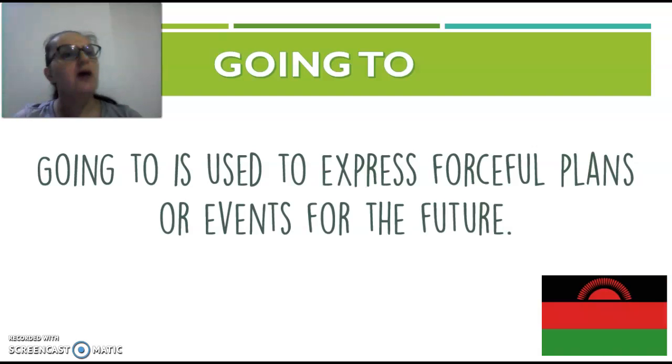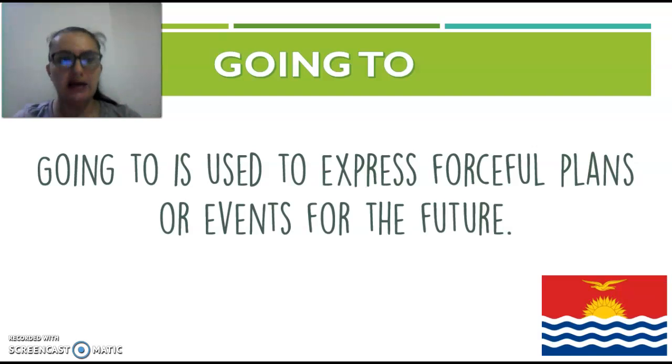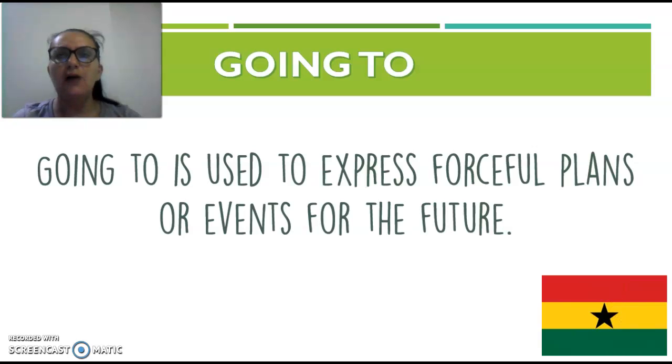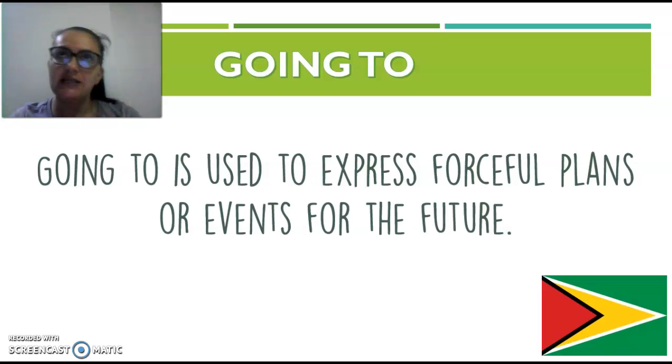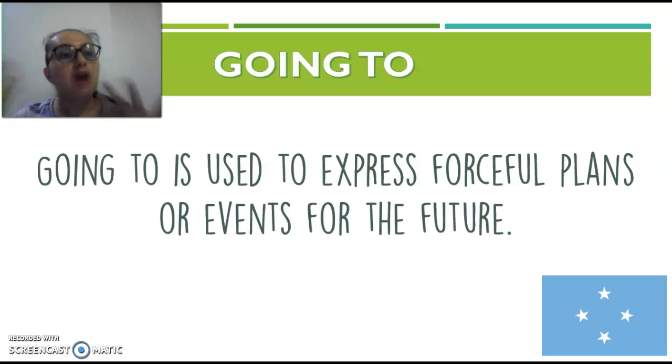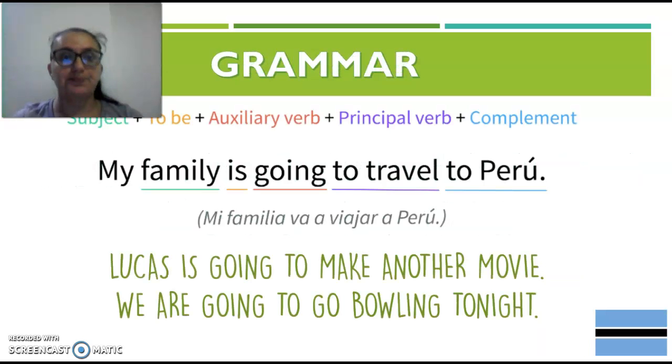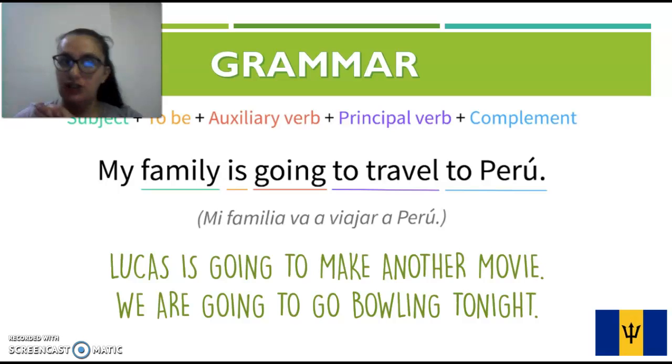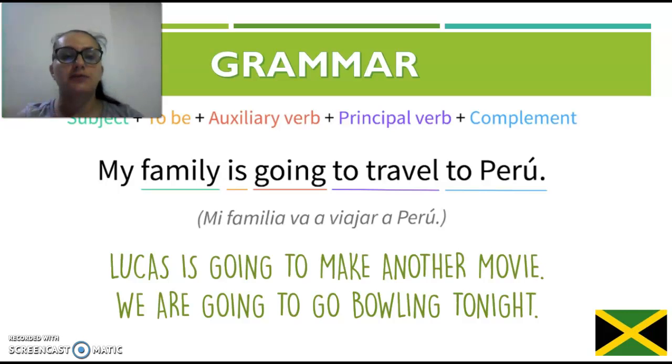But how can I use that in my life? How can I express that in my plans? So let's start the grammar. The first grammar, you need to know affirmative, negative, or questions with going to.